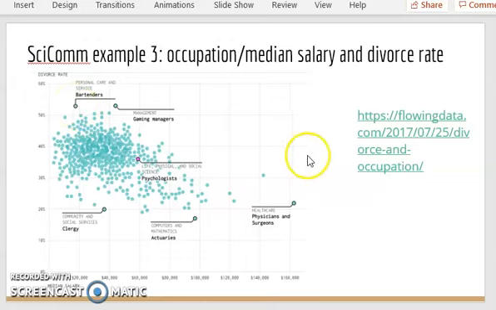So he was able to look at how salary was related to divorce for these different occupations. He has way more data on this as well. In fact, he even has another set of data that shows if you're an economist, who are you likely to marry occupation-wise? If you're a psychologist, who are you likely to marry education-wise? If you're a professor, etc.